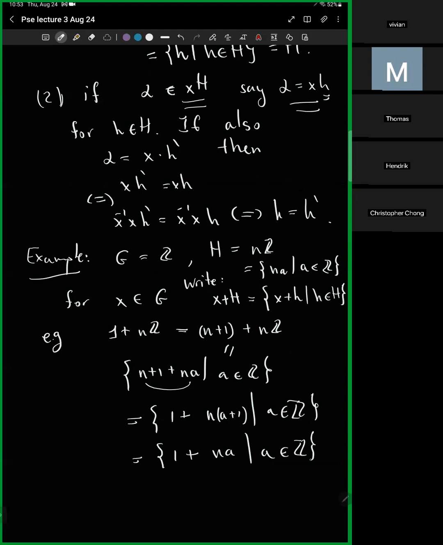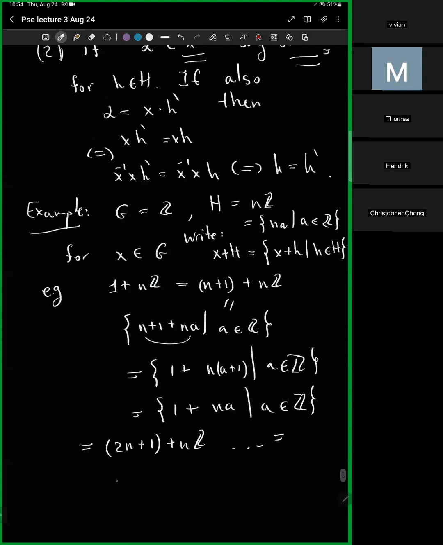So these two things are equal, and I can further say that this is also equal to 2n plus 1 plus nZ, and so on. It is also going to be equal as a set to minus n plus 1 plus nZ. Okay?